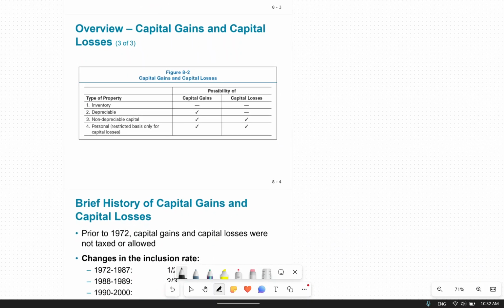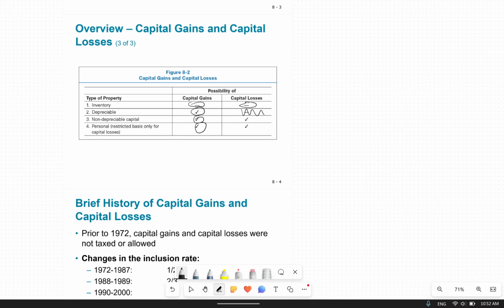Now, you could have a capital gain or you could have a capital loss. Capital gain does not apply to your inventory, but it does apply to your depreciable, non-depreciable, and personal property. Same thing with capital losses.